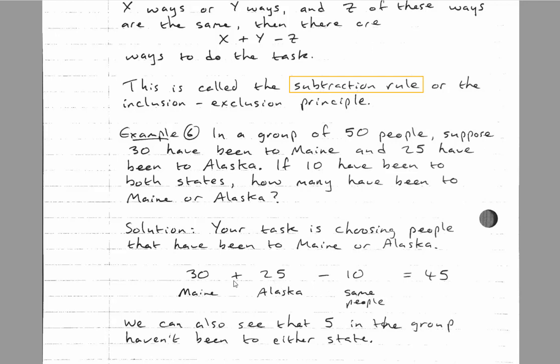But some of these people could be the same, so we have to subtract the same people, so that's 10. Okay, so these 10 in the overlap get counted twice if you just do 30 plus 25, so subtract 10 to get them once, so that's 45.